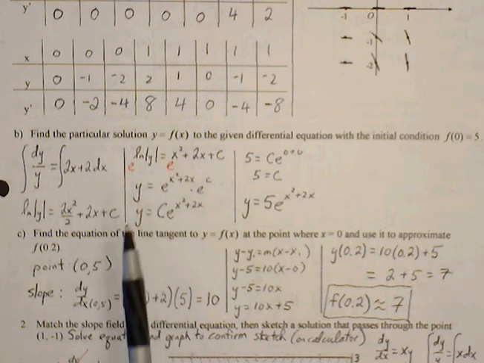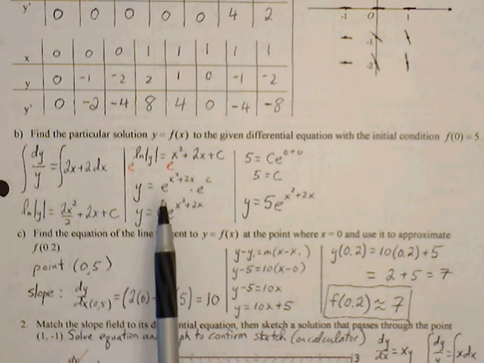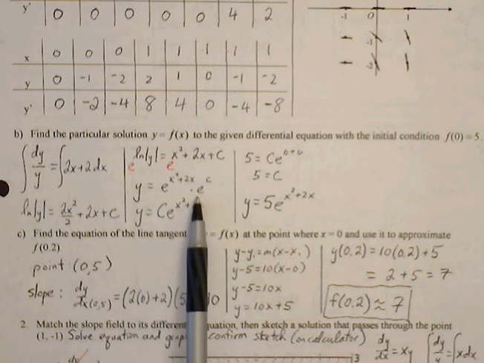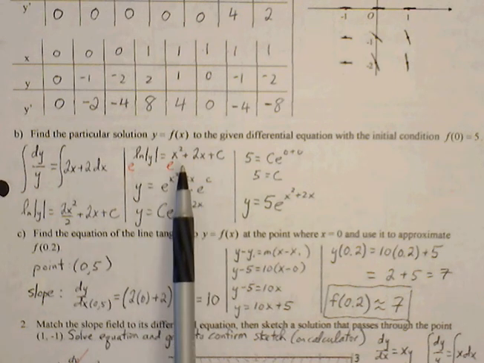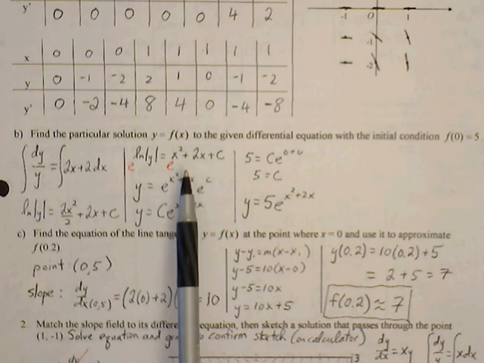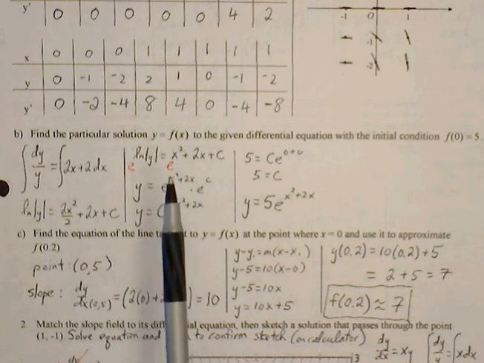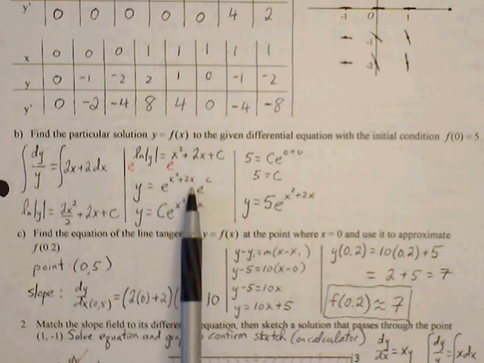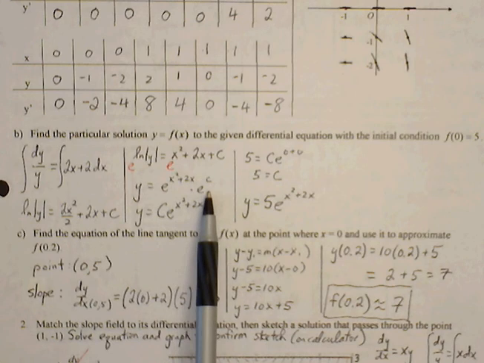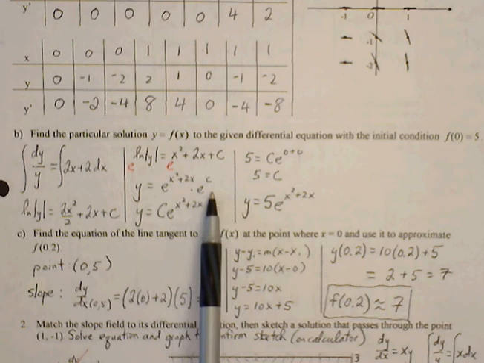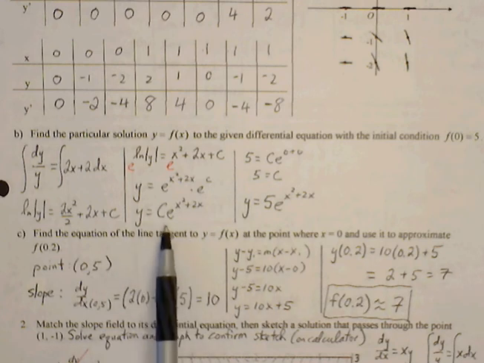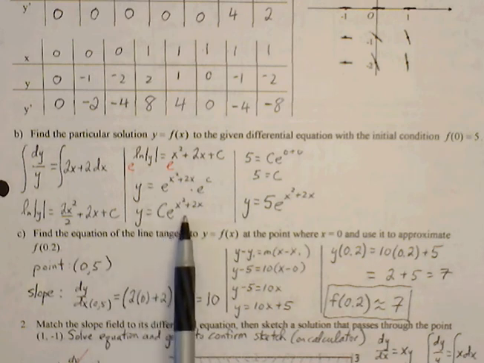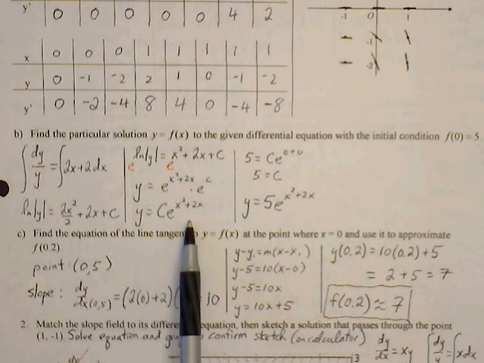So y is equal to e to the x squared plus 2x times e to the c. I'm using the exponent property to separate and isolate this portion, which will eventually become c. e to the c is a constant, so I can pull it in front: y is equal to c e to the x squared plus 2x. Okay. We have our general solution.